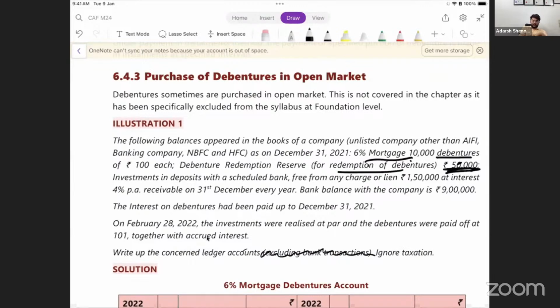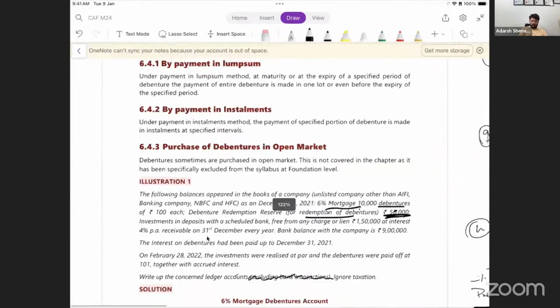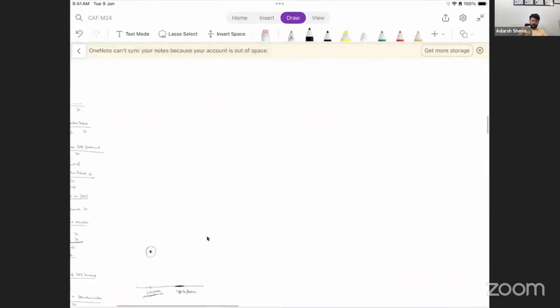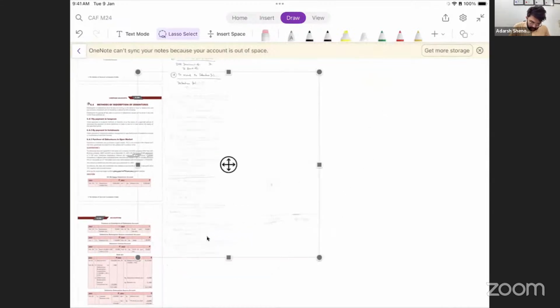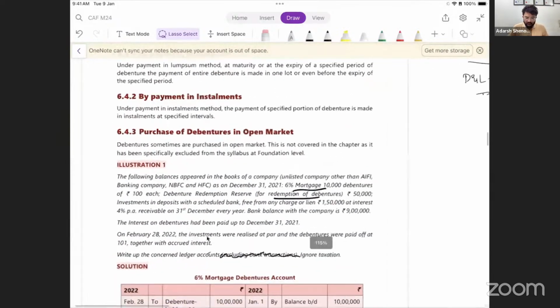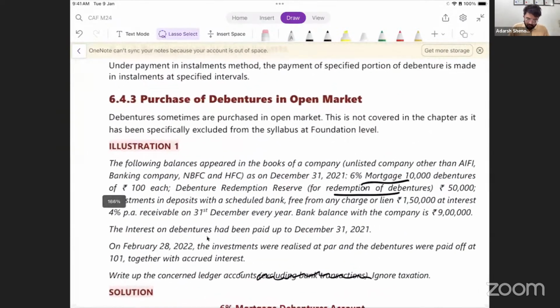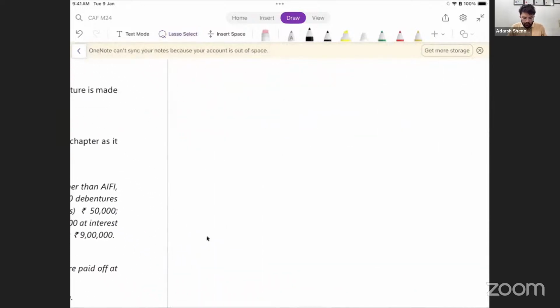Shall we start? Let's understand what ledger accounts we will have to prepare first, before we dive into the question. Let us discuss which ledgers are needed first, okay? We will just go through the journal entries roughly in our mind quickly, to understand the different ledgers required. So first is the issue of debentures.